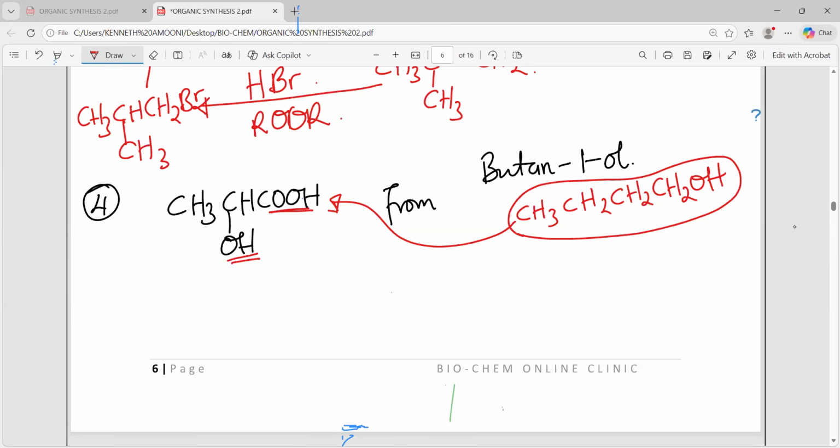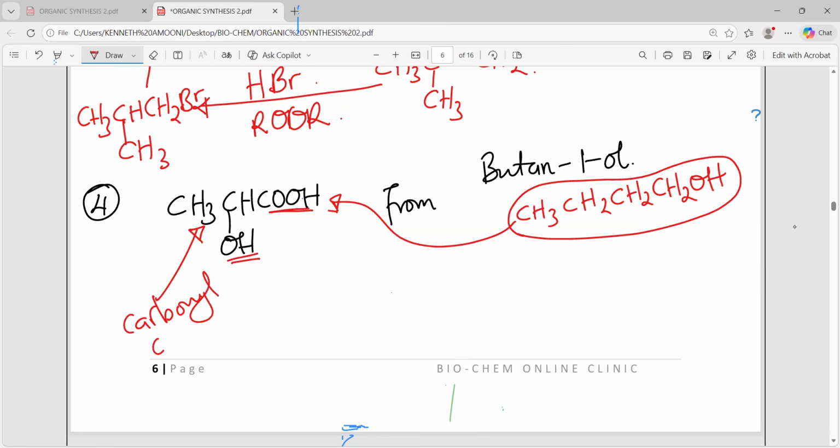With cyanide, with hydrocyanic acid, and that reaction can be important for us to prepare hydroxycarboxylic acids. In other words, a carboxylic acid that has a hydroxy group attached to it. So this one is directly coming from a carbonyl compound.